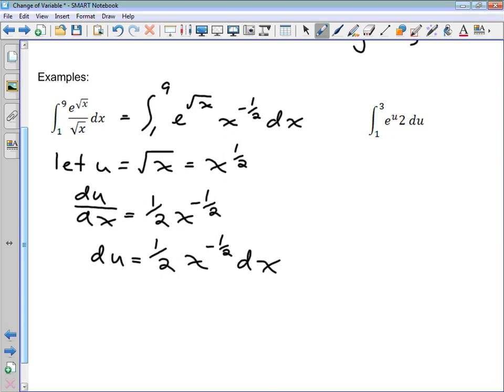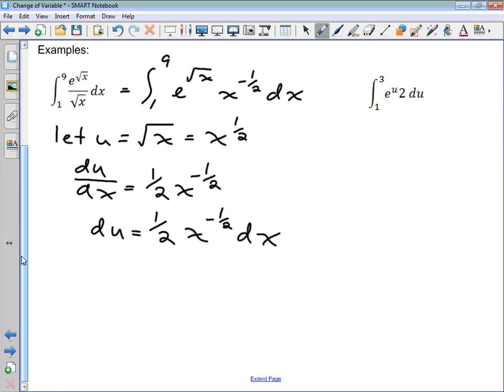Because we have an x to the negative 1/2 dx, we're going to make a substitution of this for this. We still have this factor of 1/2, so let's multiply both sides by 2. So 2 du equals x to the negative 1/2 dx.